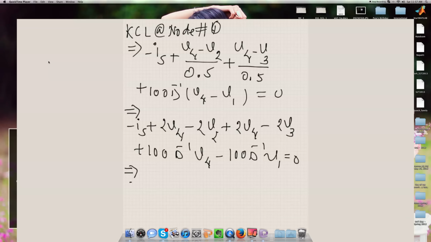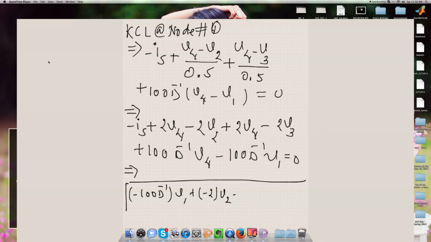Okay, so this would be quite a few terms, but let's see. Those with V sub 1 will be gathered first. So we would have minus 100 d minus 1 V sub 1. Next, we need those with V sub 2, and that's going to be minus 2 V sub 2.